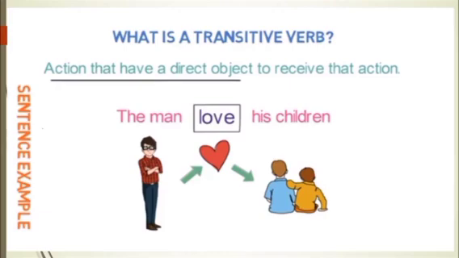Here, love is the action performed by the man, which is the subject in this case, and it has a receiver, which is children. As the man is the subject who is doing the action of love, and it has the direct object children, it is the transitive verb.